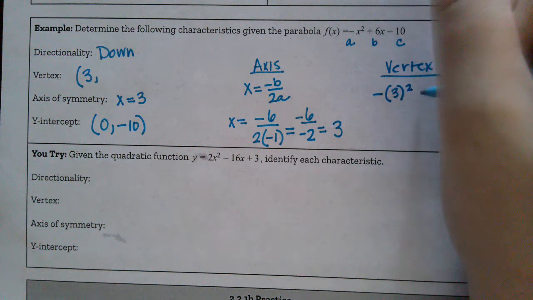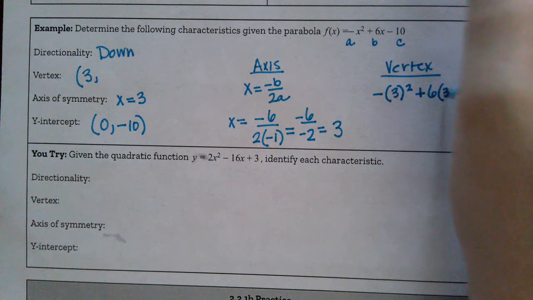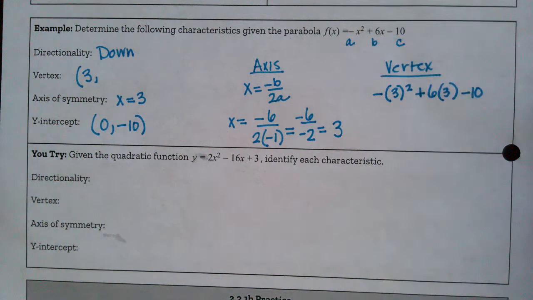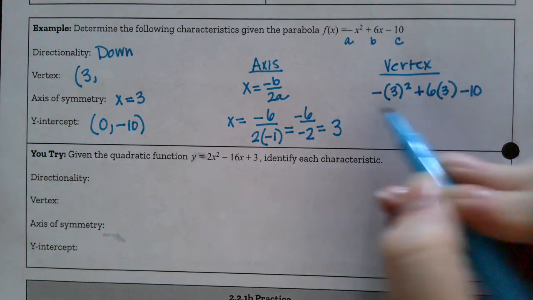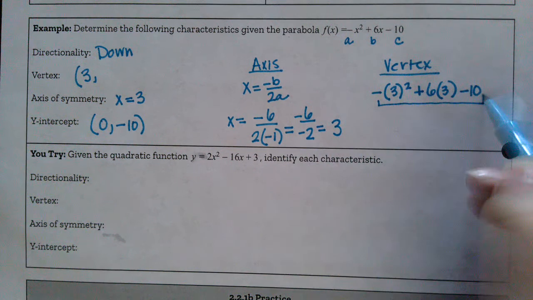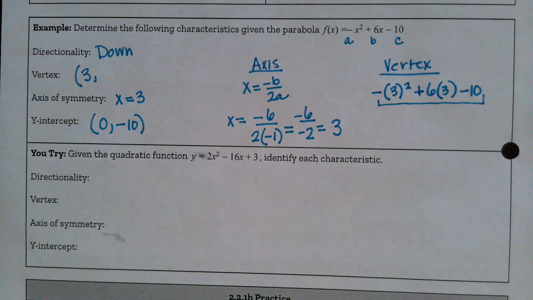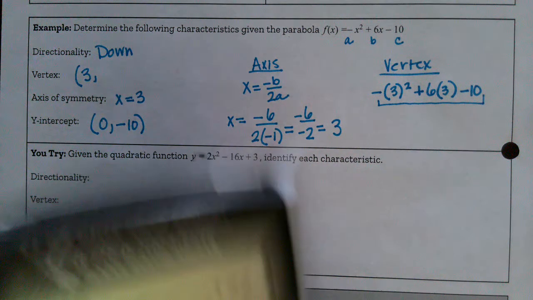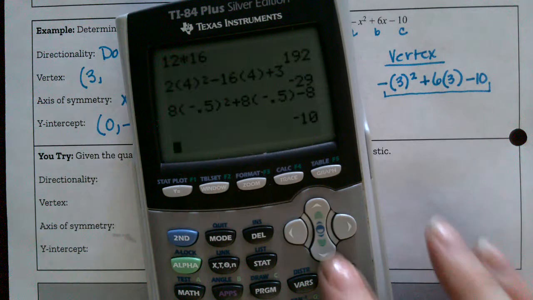-3 squared plus 6 times 3 minus 10. And you can do this piece by piece, or you can plug this entire thing into your calculator. If you are using like a phone calculator, it might be difficult to do that, but if you have our calculators at school, it should be pretty easy.